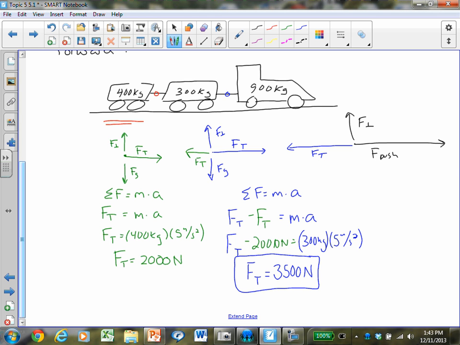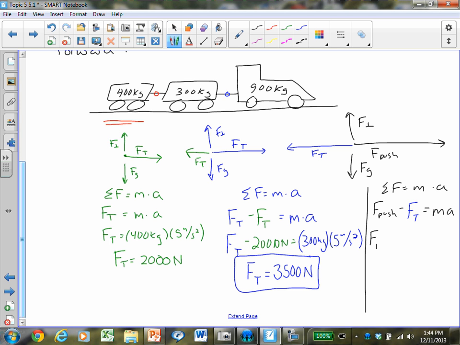And you have F perpendicular and Fg. The sum of the forces equals mass times acceleration, but this time we have push. The push force is the winner, and the tension behind it is the loser, equals ma.